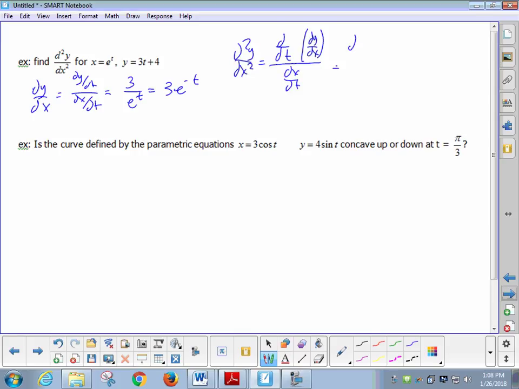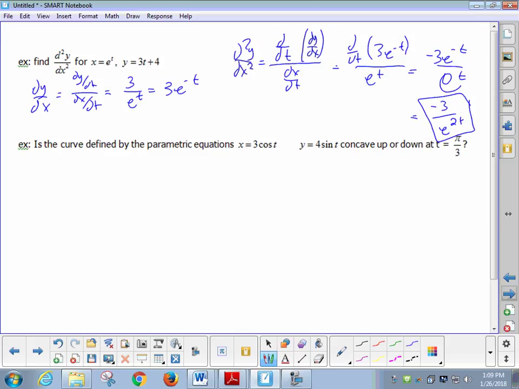So if I take the derivative with respect to t of 3e to the negative t, I'm going to do that, and then I'm going to divide by dx/dt, which was e to the t. What is the derivative of 3e to the negative t with respect to t? Negative 3e to the negative t over e to the t. So maybe cleaned up, negative 3 over e to the 2t.